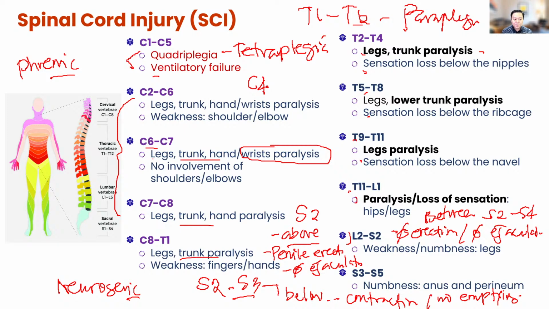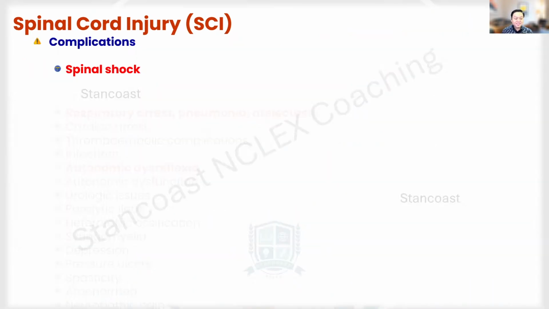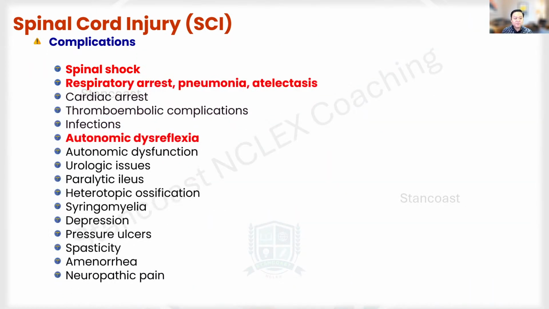Remember those different impairments, especially S2, S3, or above S2, or impairment between S2 and S4. So take note of those, because some of the test questions will be about patients asking about their sexual ability, right? Now let's take note of the different complications of spinal cord injury.